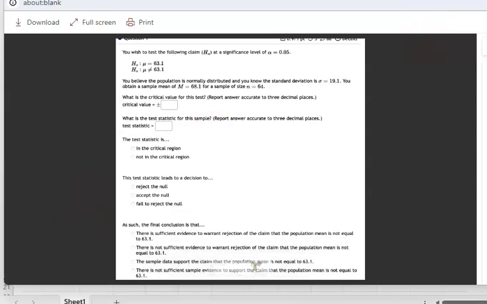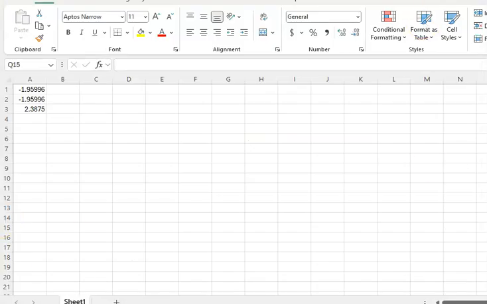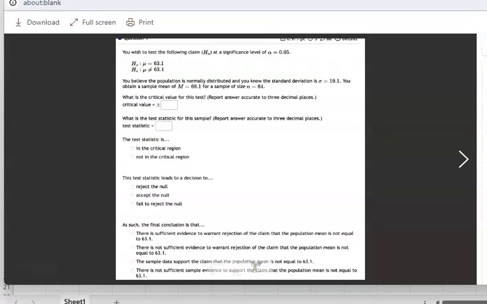As I exited out to actually stop the video while I pulled out my calculator, it erased everything. So what we had was 5 on top, and then we had the 19.1 divided by the square root of 64 on the bottom. And I'm actually out here without a calculator, so I used Excel. The bottom is 2.3875.